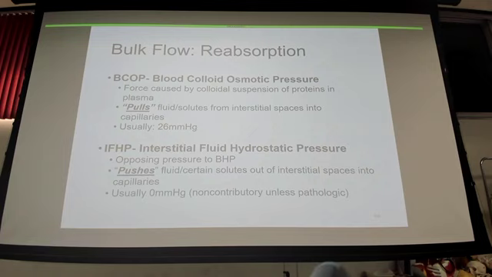So, if you want to think about it this way, the opposite of the force that we just talked about, the interstitial fluid osmotic pressure, the blood colloid osmotic pressure is sort of the opposite of that. It's pulling our fluid in. Albumin, large plasma proteins, molecules that exert an oncotic force, meaning they can pull water towards them, are in the vasculature, and that is promoting reabsorption of stuff back into the vessel. Okay? Does that make sense to y'all?